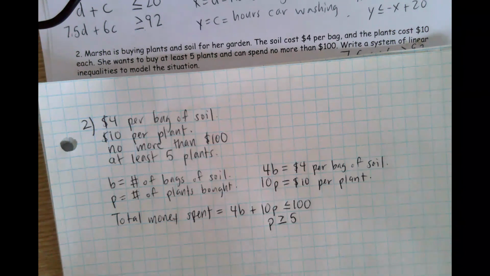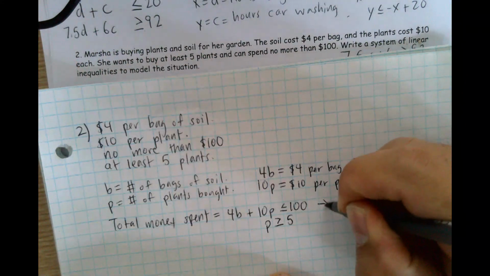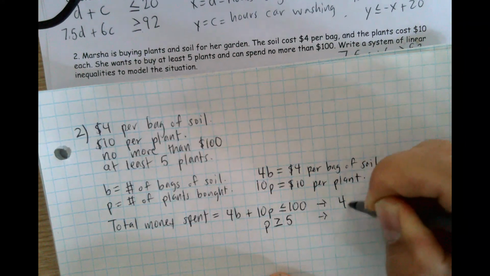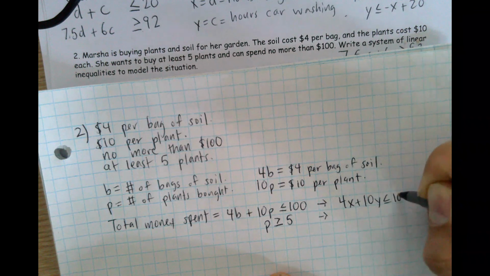The next thing we would do is go ahead and graph these. To try to graph these without the correct letters is kind of difficult. So what I like to do is replace the different letters with X and Y. I'm going to transform these so that I'm replacing them with the different letters.